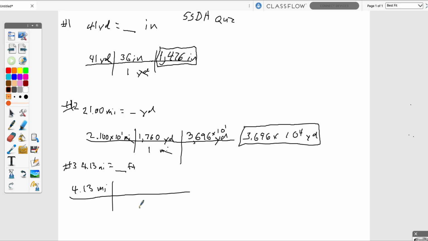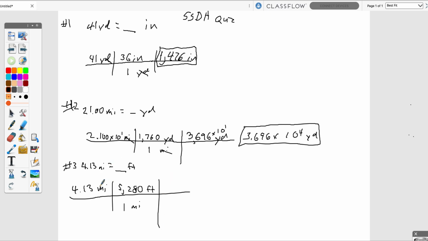And then we're going to go MI down here. So we're going to have 1 mile equals how many feet? Let's go 5,280. Sorry, that 8 is ugly. 80 feet.